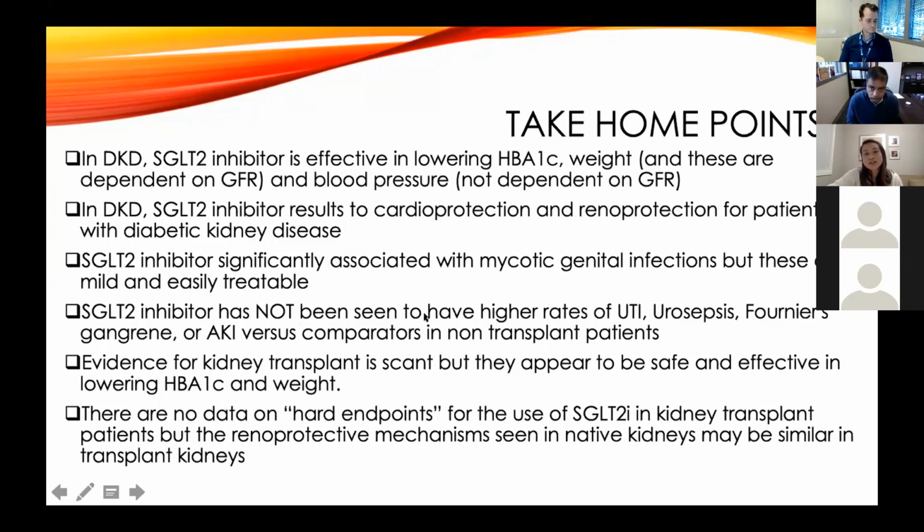SGLT2 inhibitors have not been seen to have higher rates of UTI, urosepsis, Fournier's gangrene, or AKI versus comparators in non-transplant patients. The evidence for kidney transplant is scant, but they appear to be safe and effective in lowering hemoglobin A1C. Lastly, there is no data on hard endpoints for SGLT2 use in kidney transplant patients, but the renal protective mechanism seen in native kidneys may be similar in transplant kidneys.